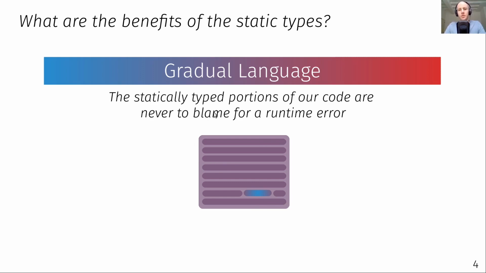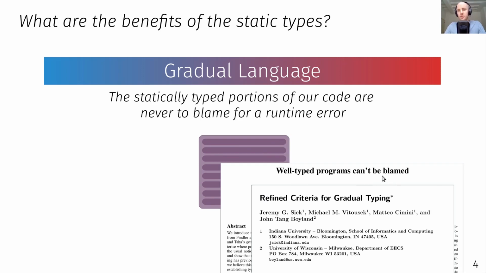So if this gradual program gives you a runtime error, the statically typed portion is not to blame. This is an application of the blame theorem, and it has also been proposed as a generic criterion for a sensible gradual language. So this is one of these refined criteria by Jeremy Siek.